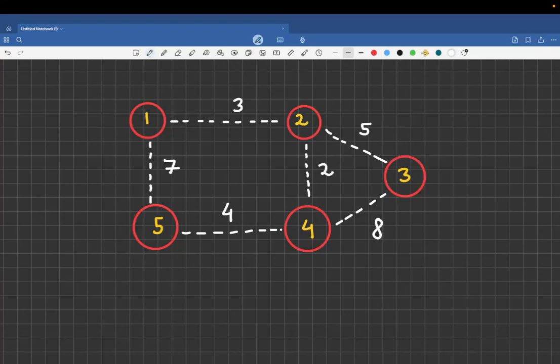So what are the two conditions we have? The first one is that every node is reachable from every other node.